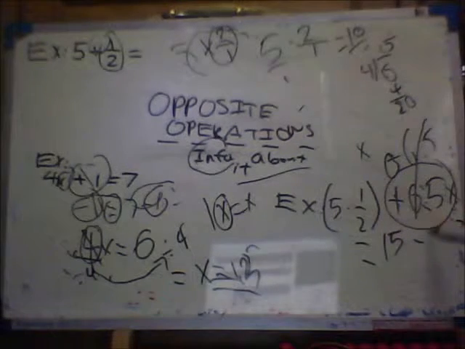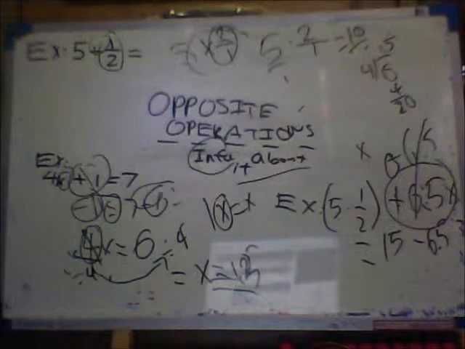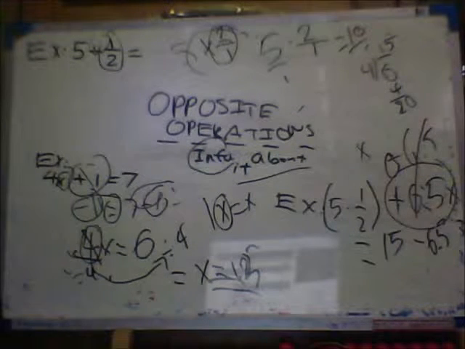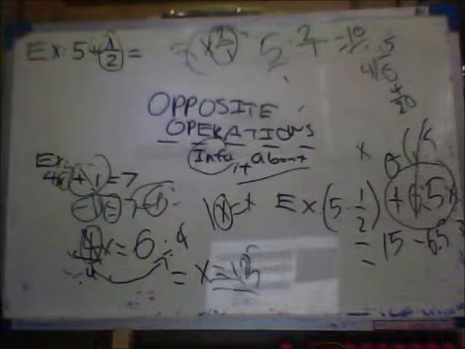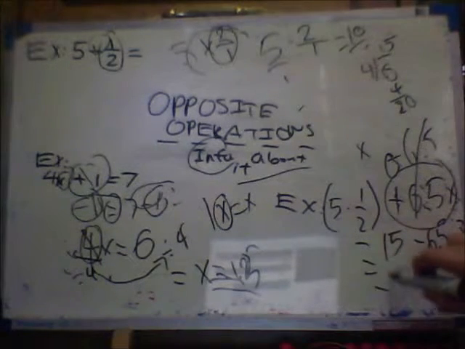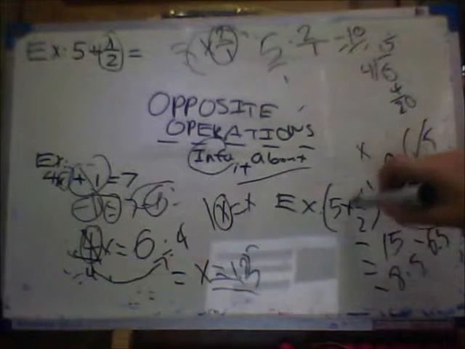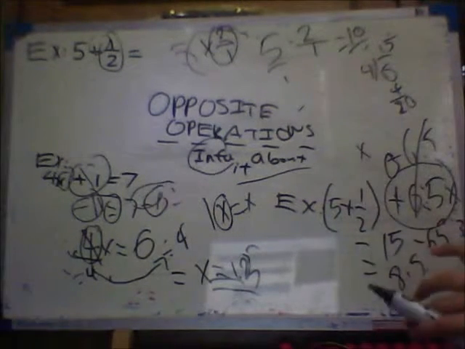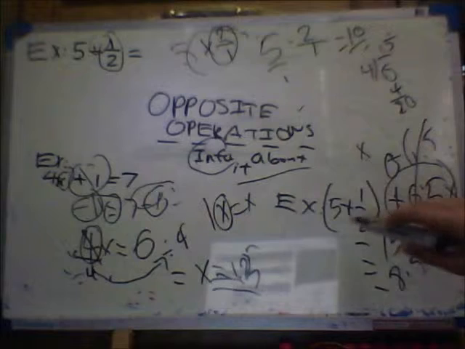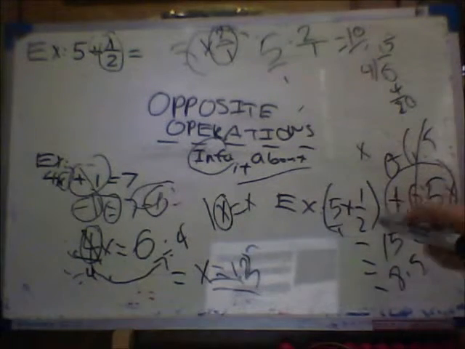This 15 equals minus 6.5. 15 minus 6.5 is 8.5. So it equals 8.5. Here it's a times, because you know the dot is a times. So it becomes 5 over 1 times 1 over 2, which is 5 over 2.